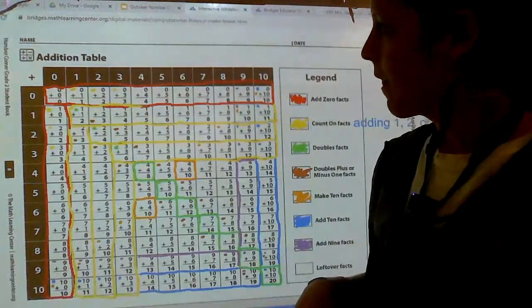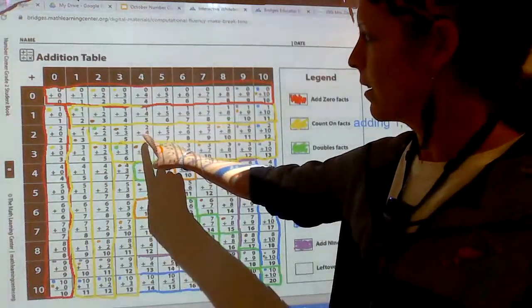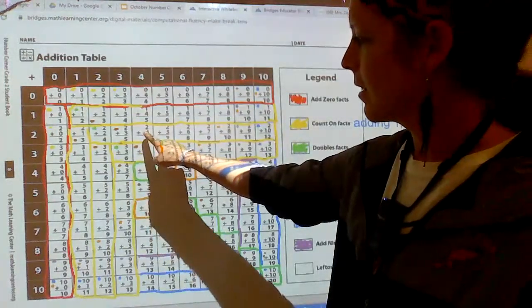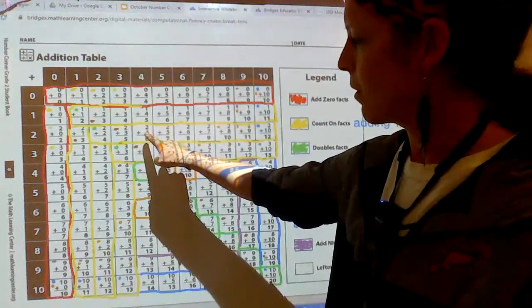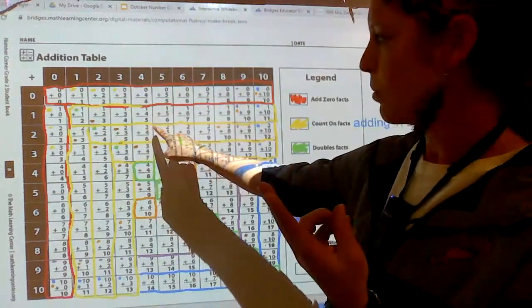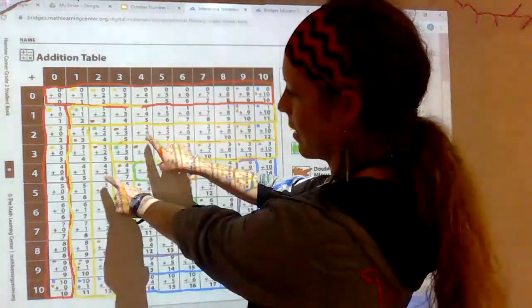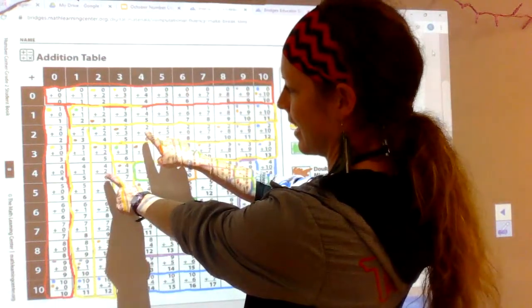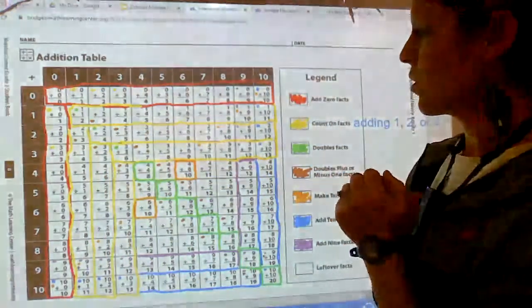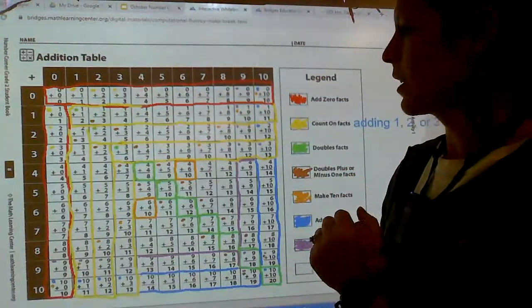For example, take a look at 2 plus 4 equals 6. Well, we can look on the other side of the addition table. What is the reverse of 2 plus 4? 4 plus 2. There it is. They're the same fact. And if we look at another one, let's try 3 plus 5. Find 3 plus 5 on your addition table.